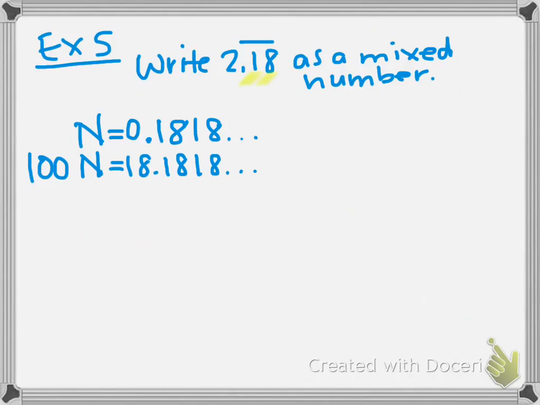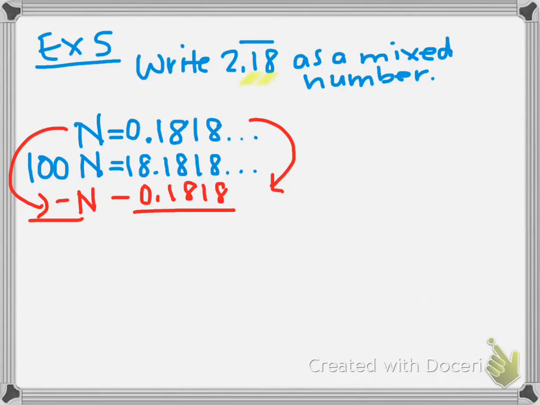You're going to subtract the top, so that's minus n. Subtract that. Minus 0.1818. Okay, that gives us 100n minus n is 99n. And this is 0, 0, 0, 0. 18 minus 0 is 18. Divide both sides by 99.